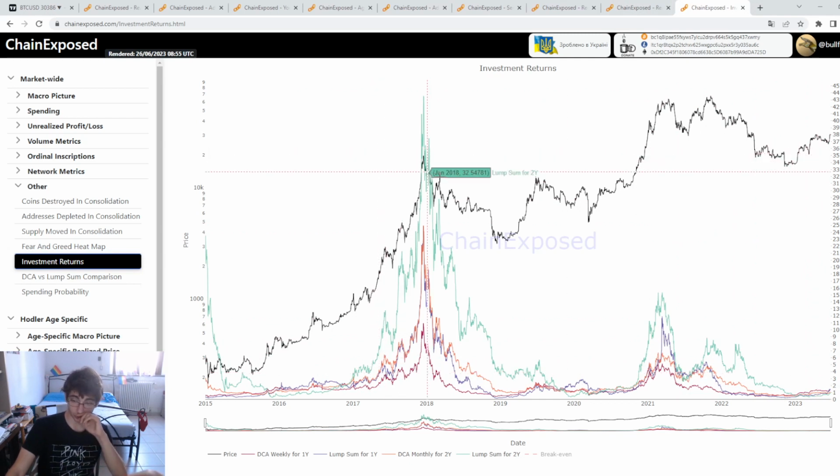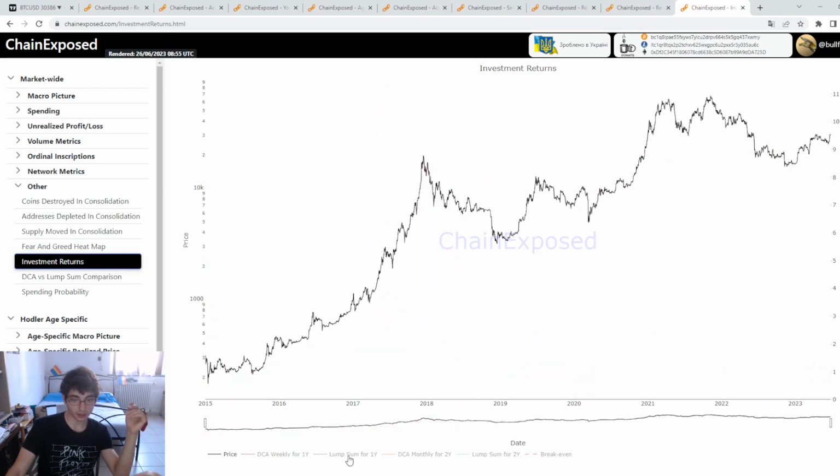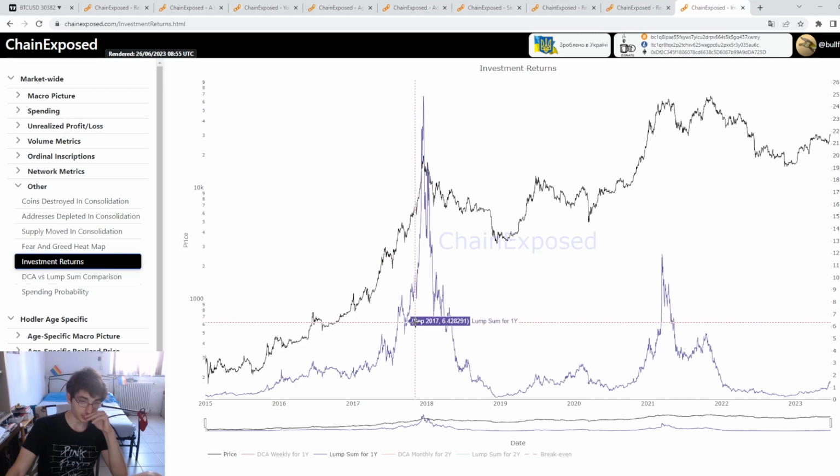So we'll see. We have the DCA weekly for 1 year. In this case, we have the lump sum for 1 year. So they just wait 1 year and lump sum in the sense that they just made one entry, or exit, into 1 year, and in fact the return is like 24x in 2017, and it is like 12x into 2021.